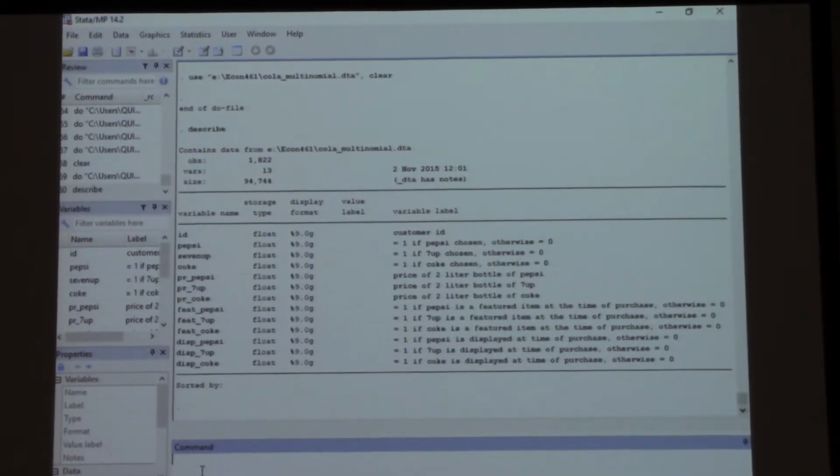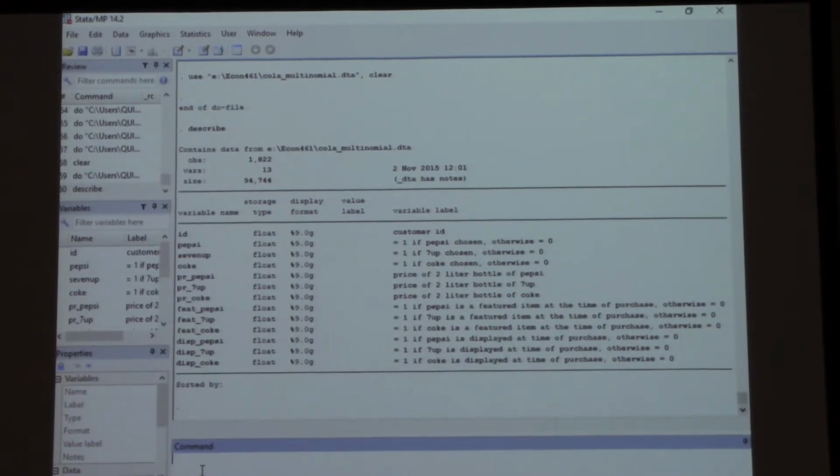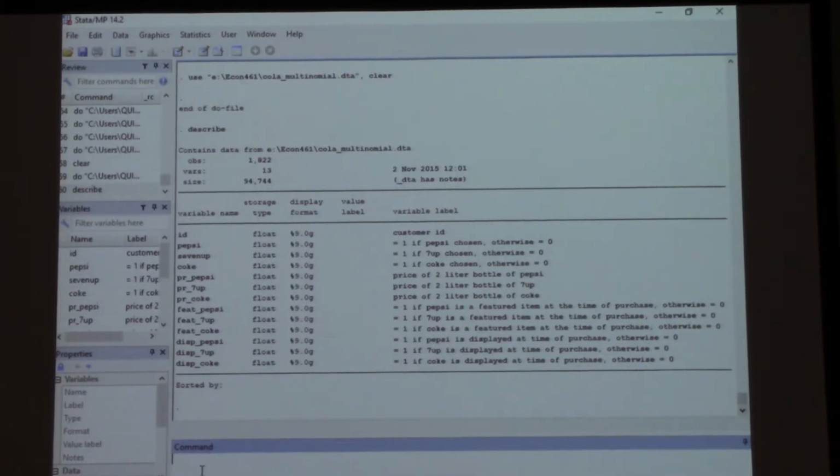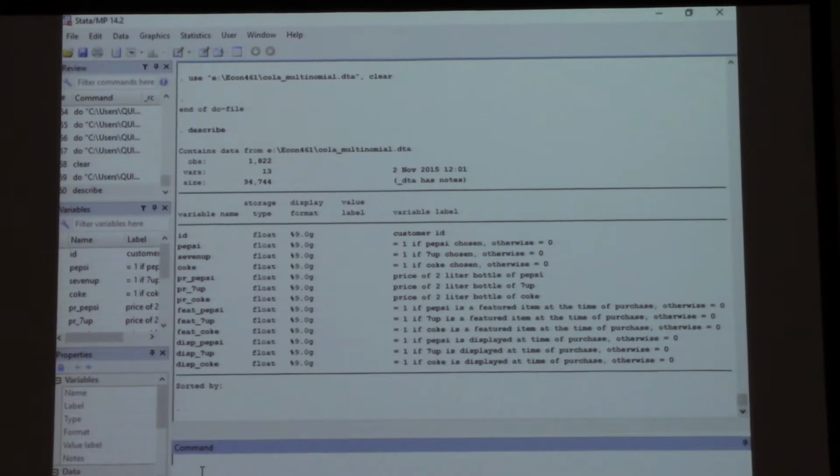This is the household panel data, which means each household is given a scanner where they literally, when they get home from shopping, they scan their own stuff, and we know what prices they paid, and more importantly, we know what they bought and we know what they didn't buy, and we know the prices of the things they didn't buy.